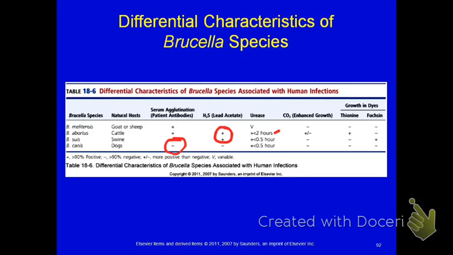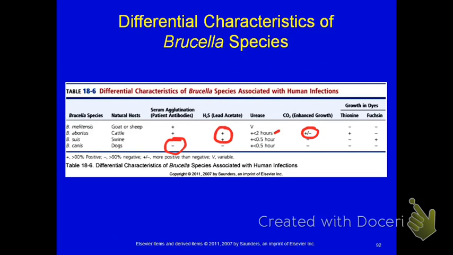Then Brucella suis could hydrolyze urea in less than 30 minutes, in the same manner as Brucella canis, though Brucella melitensis would have varied results.